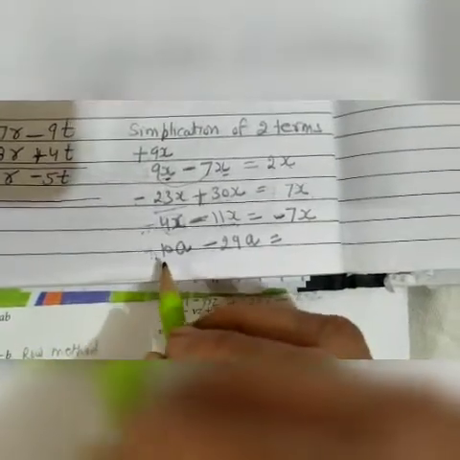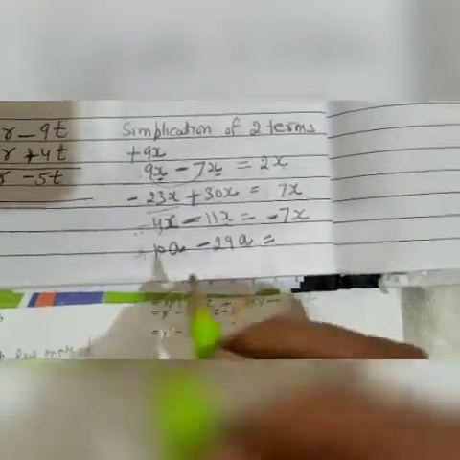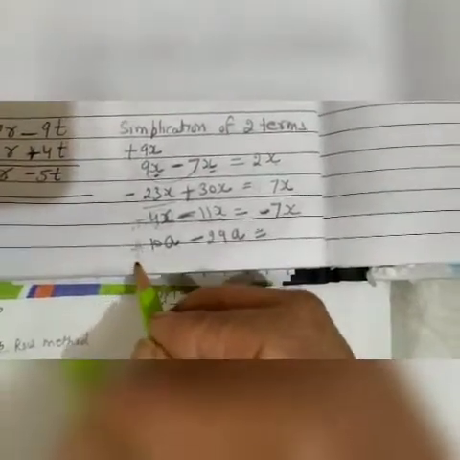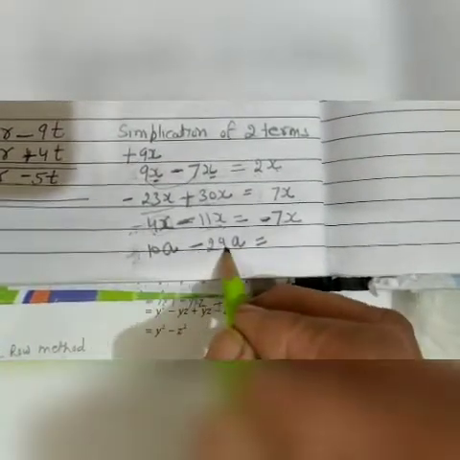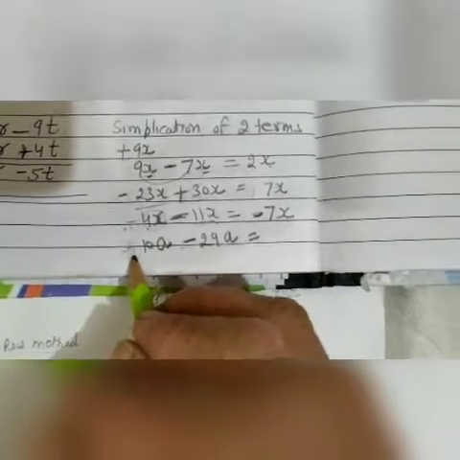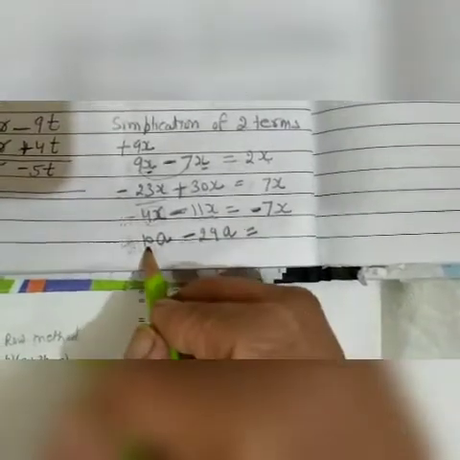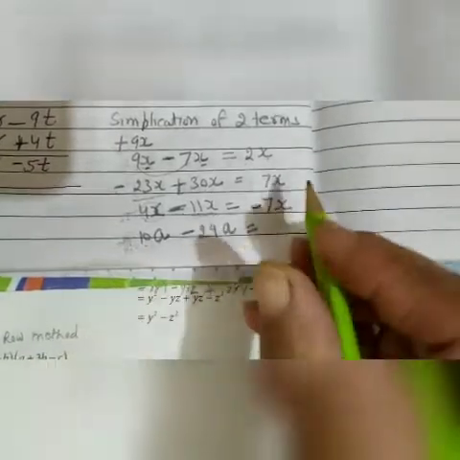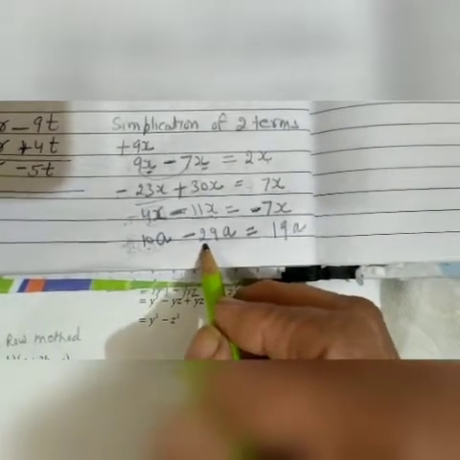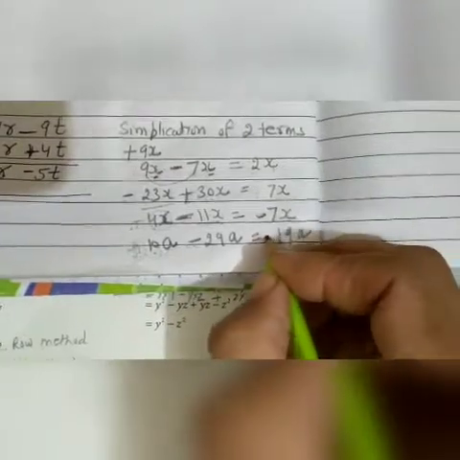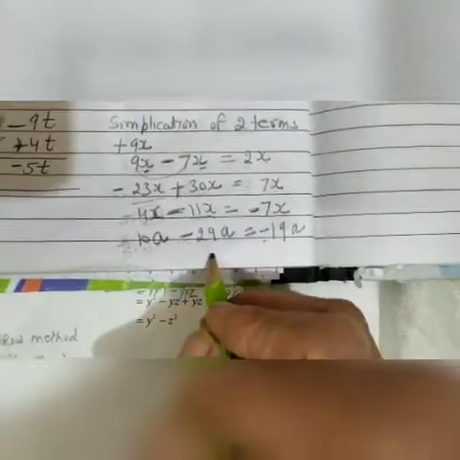Students, always remember, if there is no sign at the start, then it is considered as plus. So it is plus 10 and minus 29. Again two numbers are with different sign. So we will subtract the smaller one from the larger one. When we subtract 10 from 29, we get 19a. And what is the sign before the larger number? Minus. So we will put minus here. If there is plus before the larger number, we will put plus. If there is minus before the larger number, we will put minus.